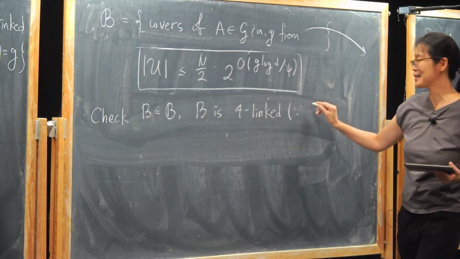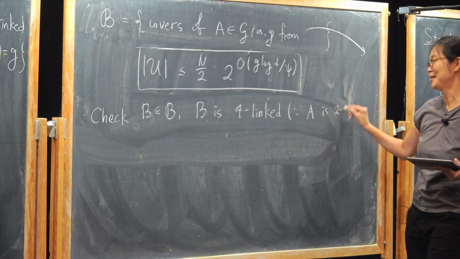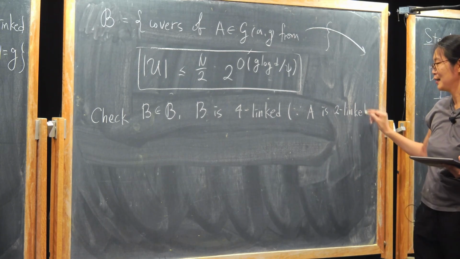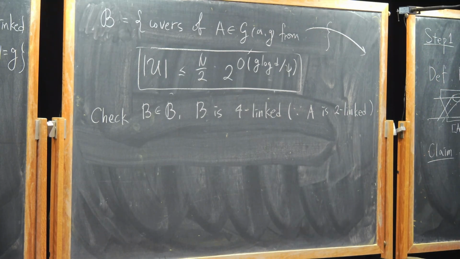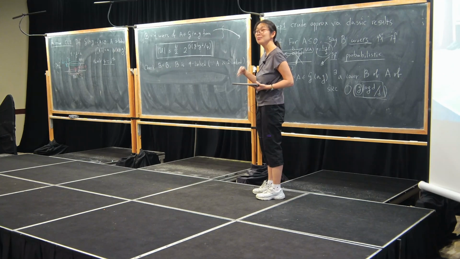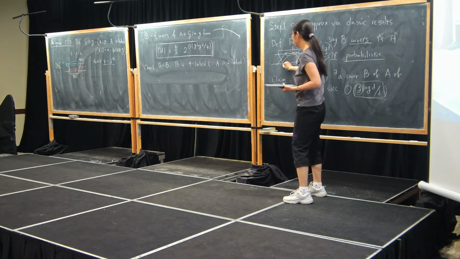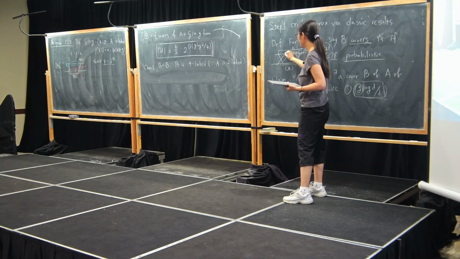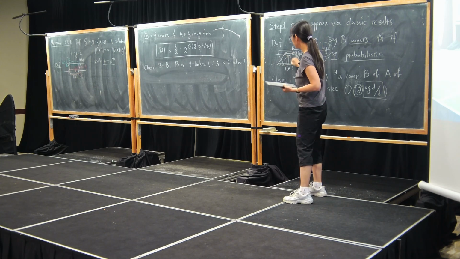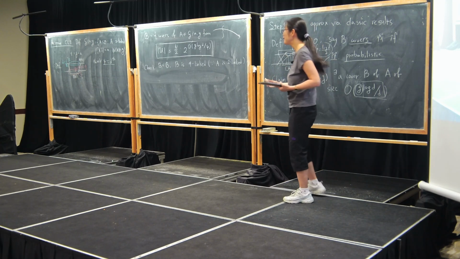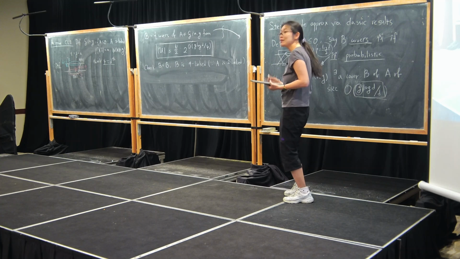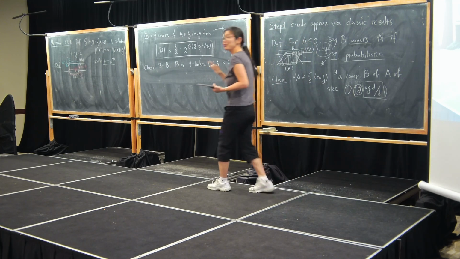This is because A is 2-linked. I hope this is believable, because A is 2-linked and B has a close connection to A, so you can easily show that if A is 2-linked, then B is 4-linked. Let me leave this to you; I will not prove this.